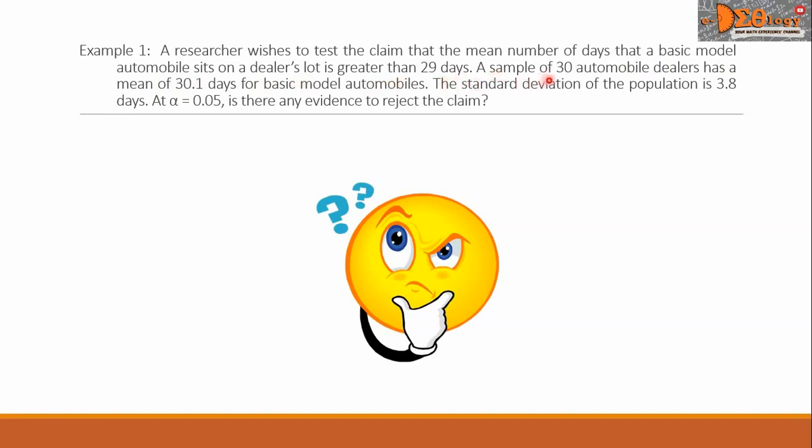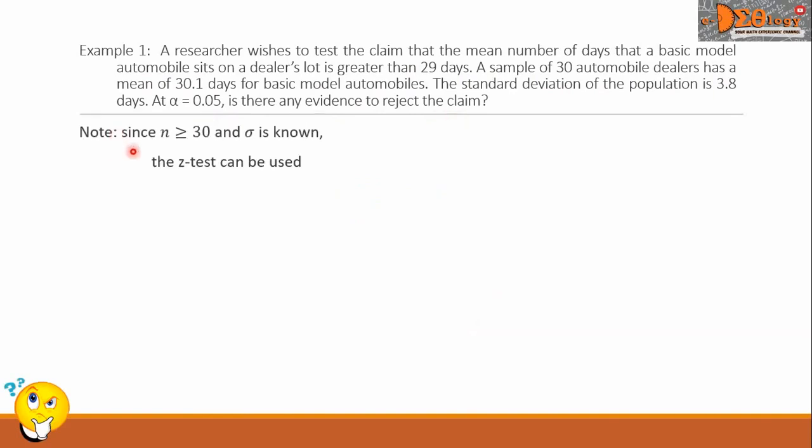A sample of 30 automobile dealers has a mean of 30.1 days for basic model automobiles. The standard deviation of the population is 3.8 days. At alpha equals 0.05, is there any evidence to reject the claim?